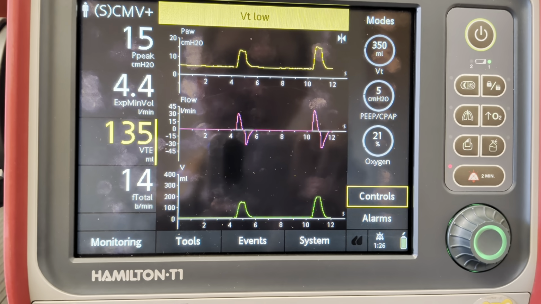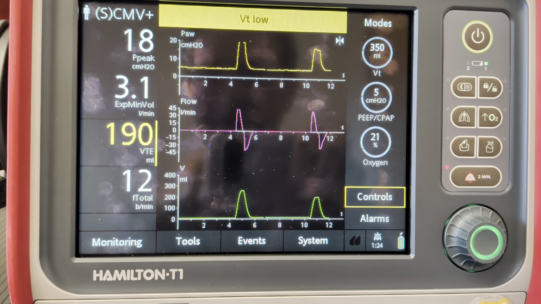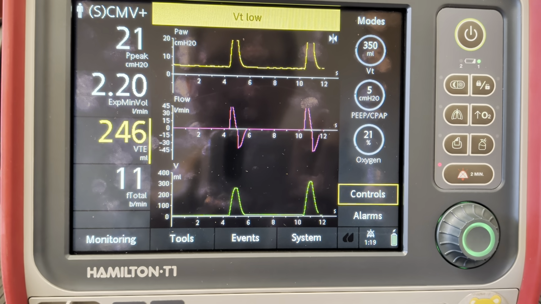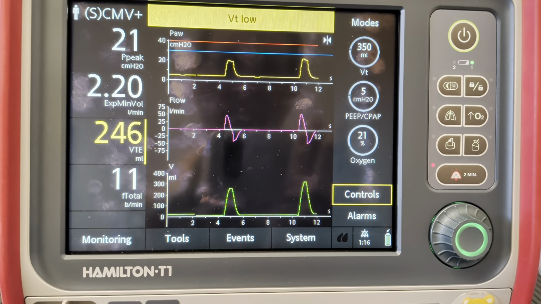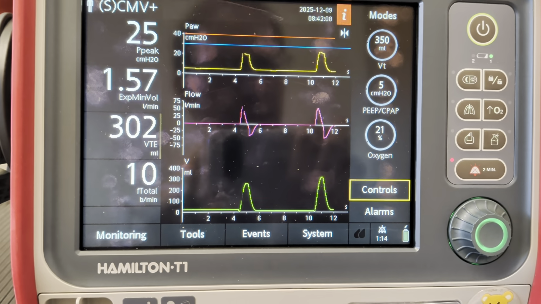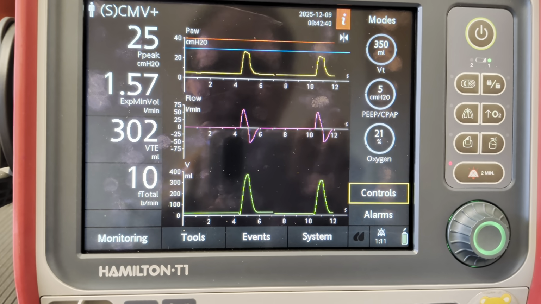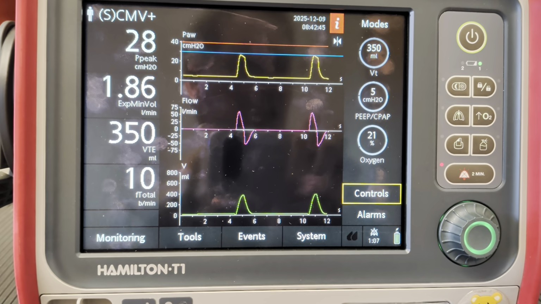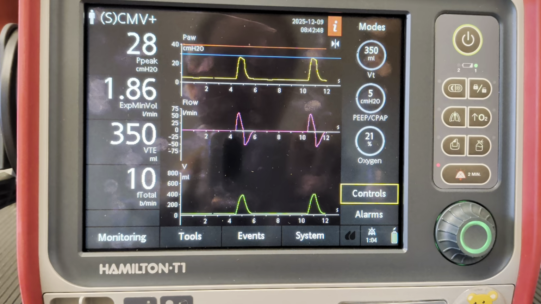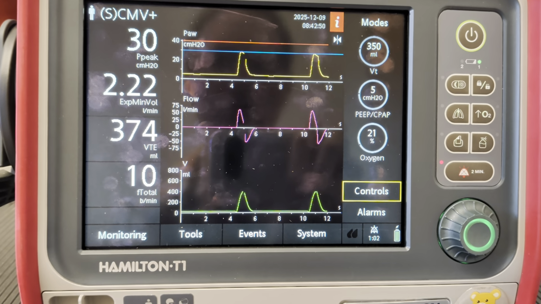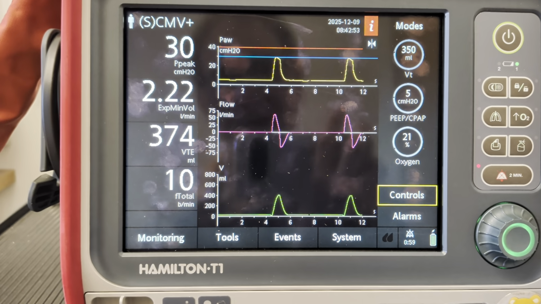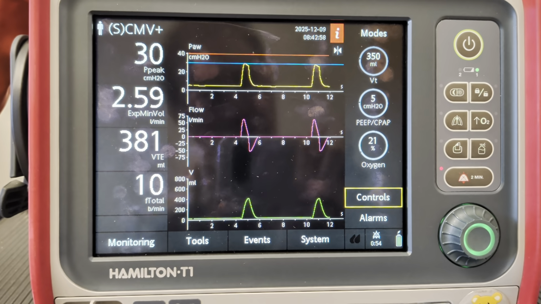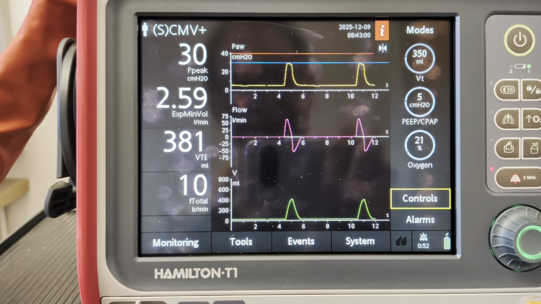In some cases, because you have to decrease the respiratory rate and increase the expiratory time, you may end up hypoventilating the patient a little bit, and their carbon dioxide may actually increase because you're not blowing off as much CO2. There is this concept of permissive hypercapnia, where we allow the patient's CO2 to rise a little bit to optimize their oxygenation and to allow for that prolonged expiratory phase.